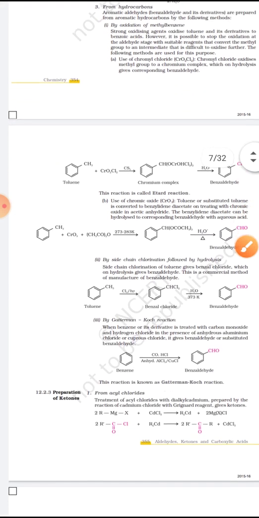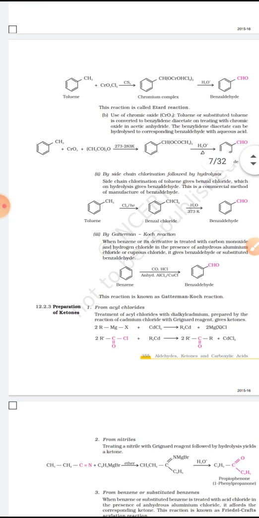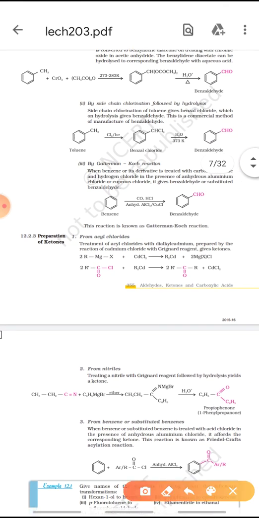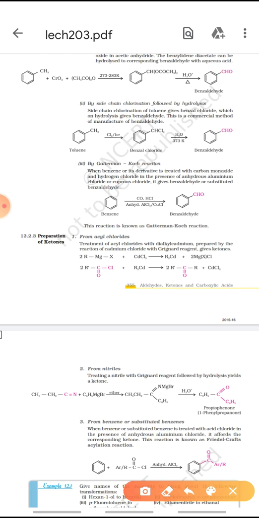Next important one is by side chain chlorination followed by hydrolysis. Now see, we are taking toluene. Side chain chlorination takes place when toluene reacts with Cl2 in presence of light.